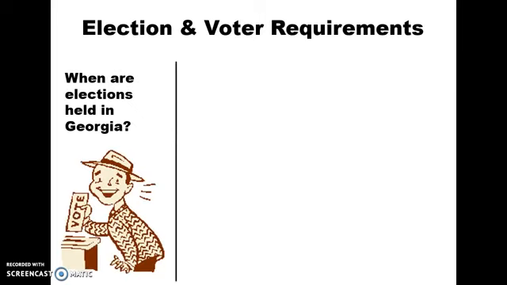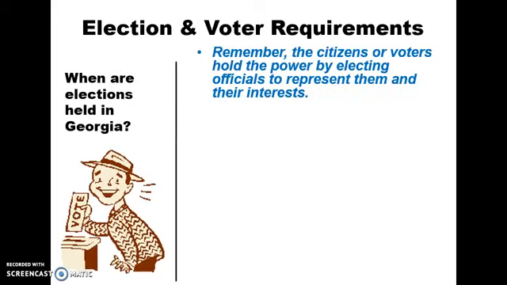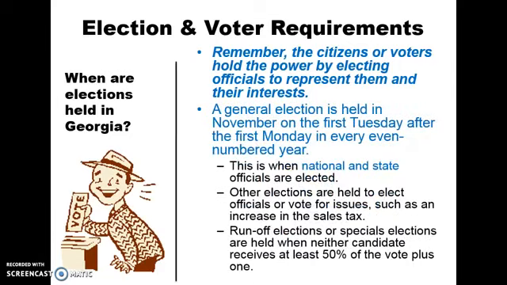Elections are held in Georgia every November on the first Tuesday after the first Monday. So this year, that election is going to be held on November 7th, I believe.